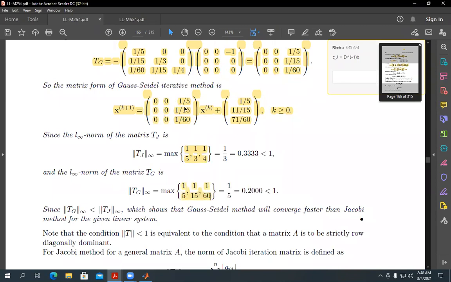The first row is 1/5, the second row is 1/15, the third row is 1/60, the maximum is 0.2. And which one is smaller? TG is smaller, and the smaller the norm, the faster the convergence of the iterative method. It means your iterative method converges faster than the Jacobi method.